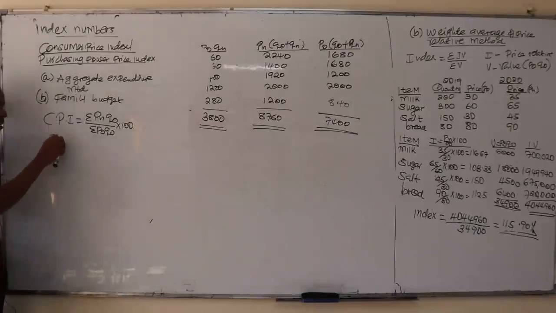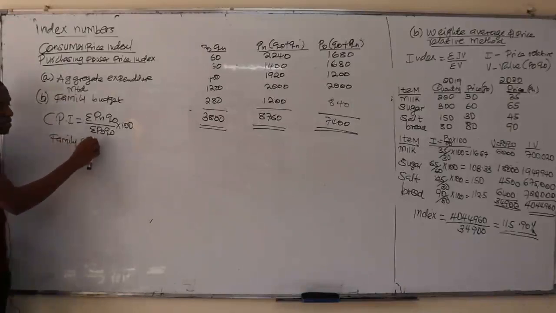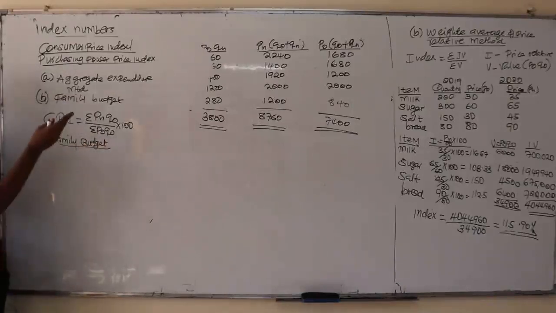Now, number 2 is the family budget method. For the family budget, you use the weighted average of price relative method.